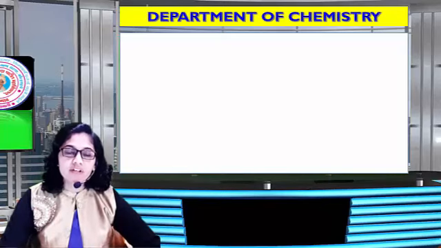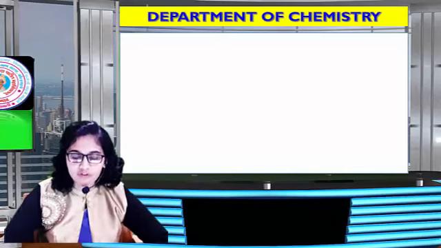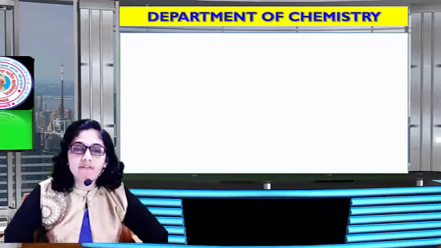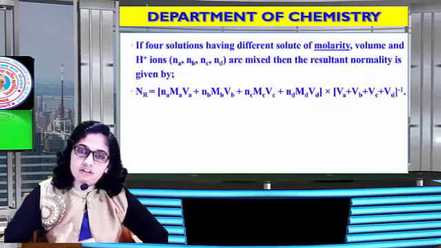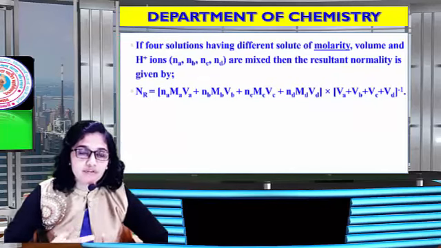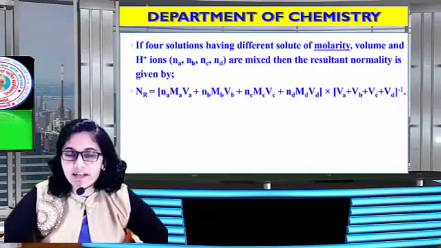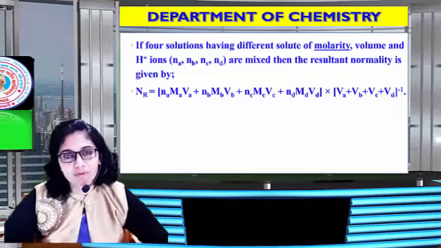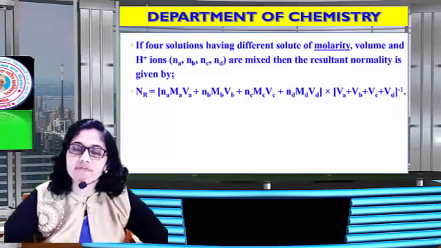Then the resultant normality is (NaVa + NbVb + NcVc + NdVd) divided by the total volume, Va + Vb + Vc + Vd.